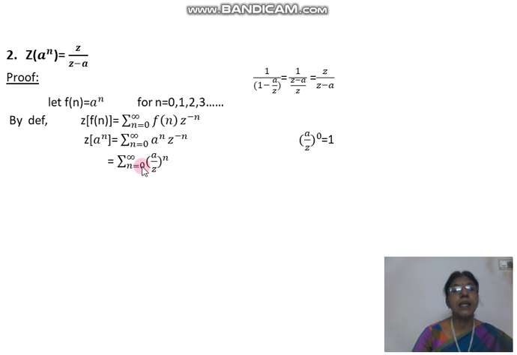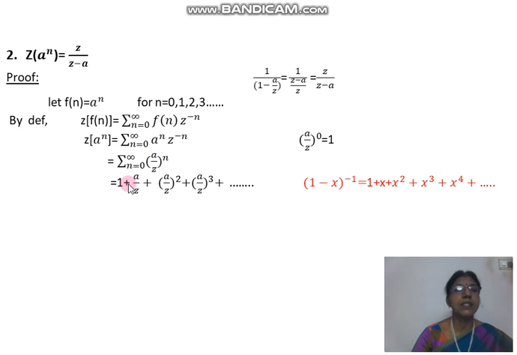First you put n is equal to 0, plus n is equal to 1, plus n is equal to 2. We get the infinite series up to infinity terms. Now the first term is a by z whole power 0, which is 1. First term is 1, plus a by z whole power 1. Next a by z whole square plus a by z whole cube and so on.